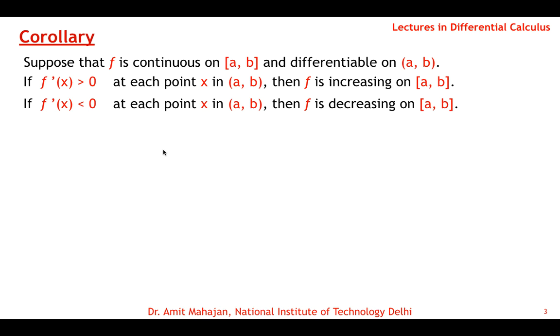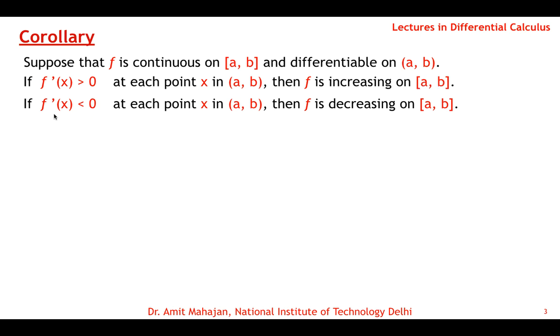It says that suppose that f is continuous on a closed interval [a,b] and differentiable on the open interval (a,b), then if the first derivative f'(x) is positive for every point x in this open interval (a,b), then the function is increasing on the closed interval [a,b].